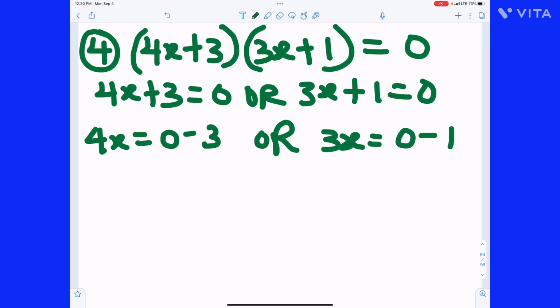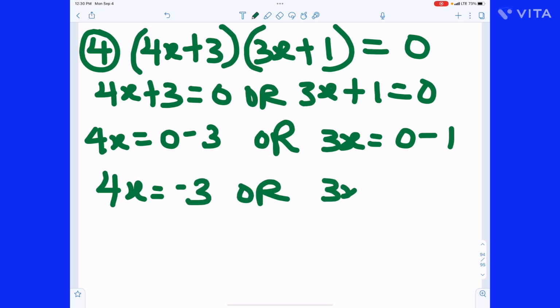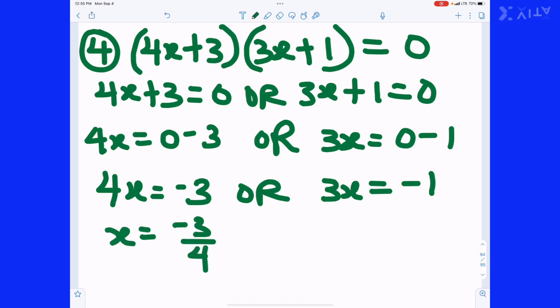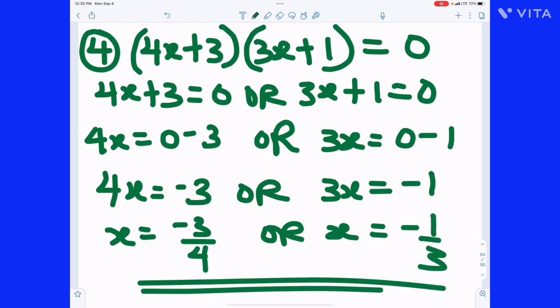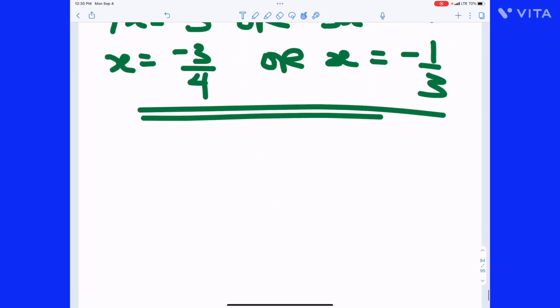Take plus 1 to the right, it will give you 0 minus 1. So 4x is minus 3. X is what? Minus 3 over 4, or x is minus 1 over 3. Is that clear?